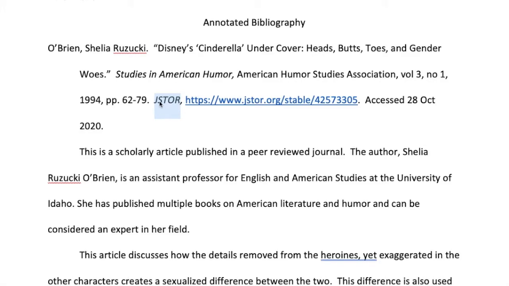Okay, so that's JSTOR in this case, comma, and then the web address of the place where I found the article. This is the stable web address, and that's something that the database is actually going to give you. Then period, and then just the information of when I accessed the database, accessed 28 October 2020, period.